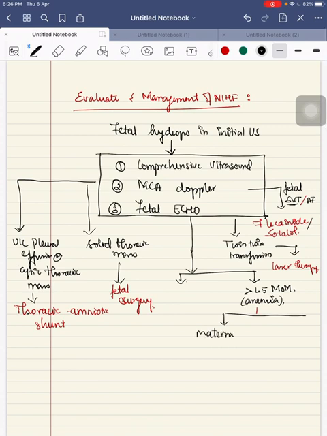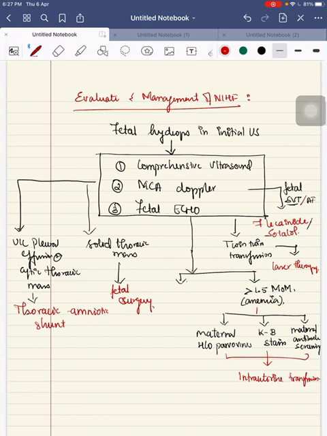You have to classify whether the mother has a history of parvovirus. Then you have to do Kleihauer-Betke stain for fetal-maternal hemorrhage and maternal antibody screening. But for everything, when you find fetal anemia, you have to do an intrauterine transfusion.